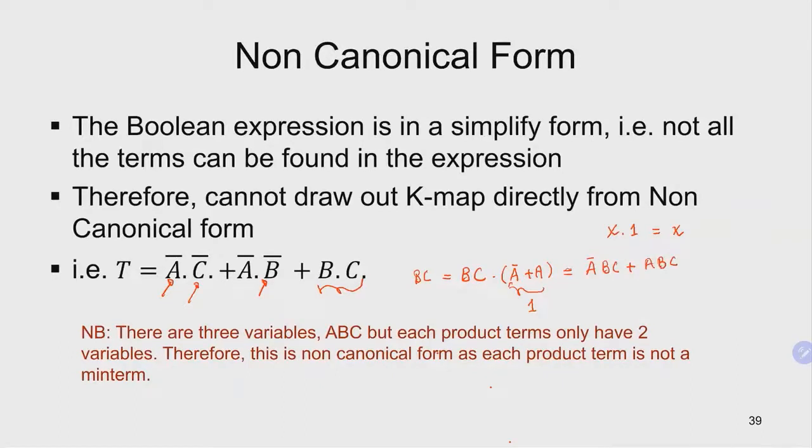So the product term BC can be expanded into A bar BC OR with A BC, and now we have it in minterms for a 3-variable function.